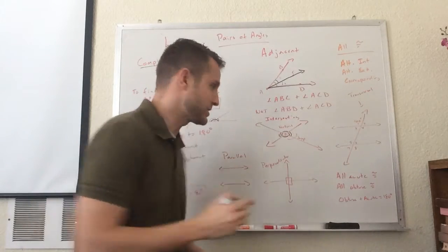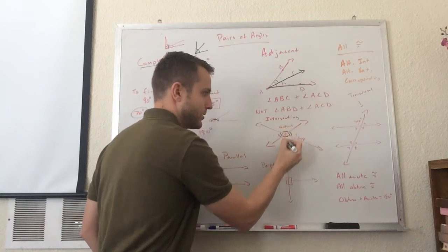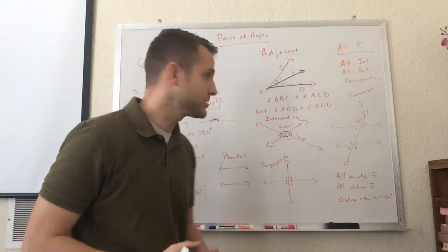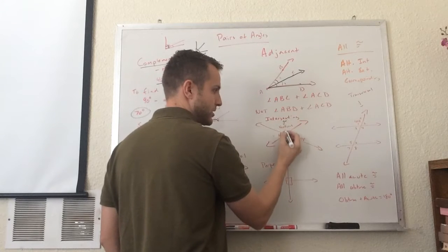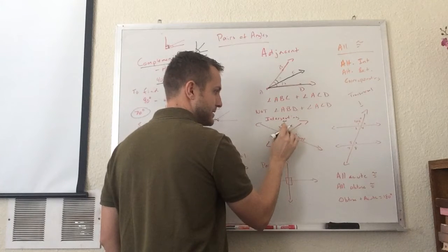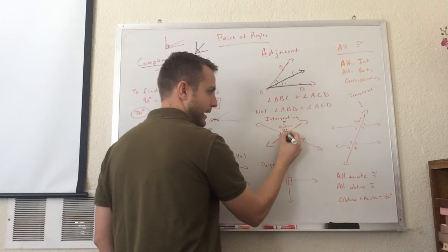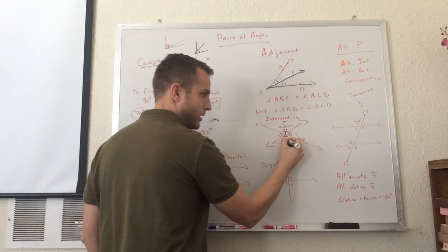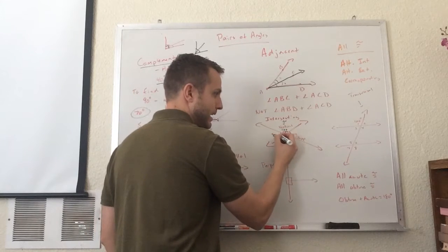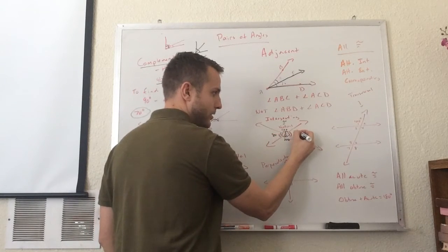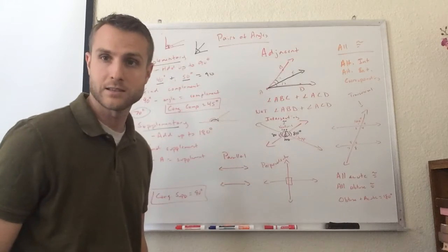So if they're across from each other, those are vertical. Vertical angles are always congruent. That means they have the same measure. So if this is, let's say, 100 degrees, the angle across from it, its vertical, will also be 100 degrees. If this is 80 degrees, then the angle across from it, its vertical angle, is also 80 degrees.